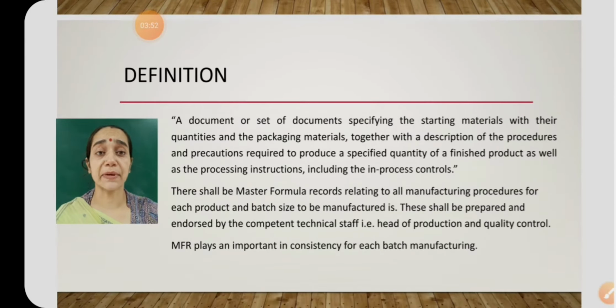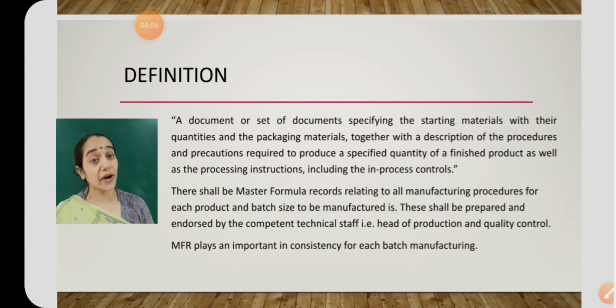Now, what is basically this master formula record or master production record? Basically, it is a document or a set of documents which specifies what kind of material in which quantity is to be used to prepare a particular product, and what the packaging material will be.